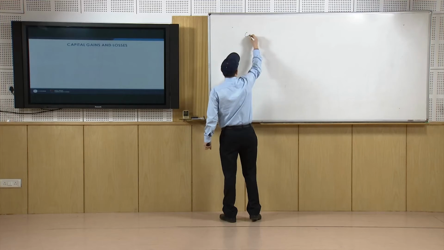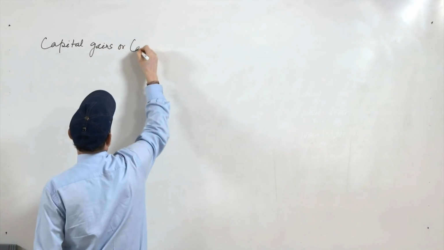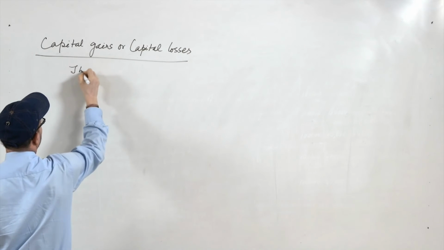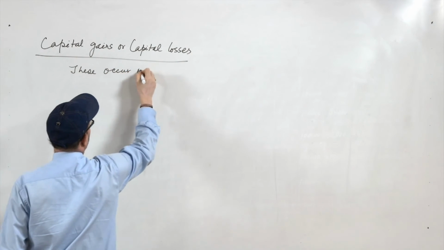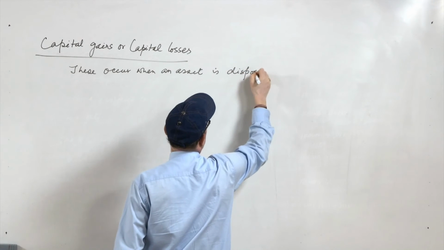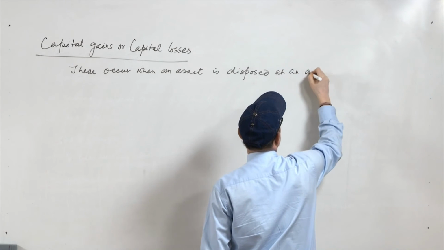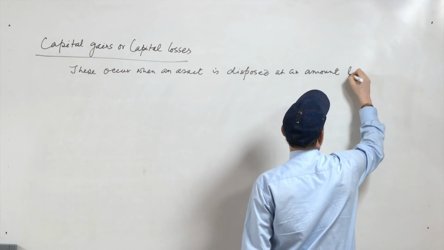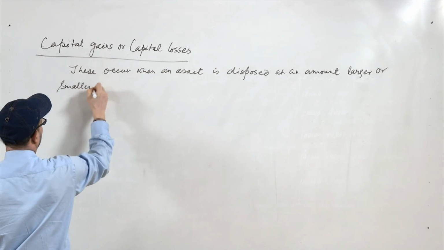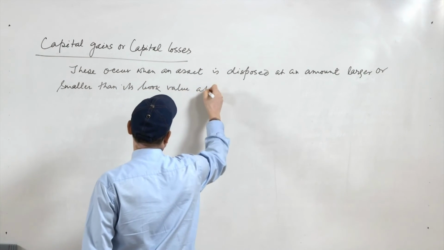So, capital gains or capital losses occur when an asset is disposed of at an amount larger or smaller than its book value at that time.